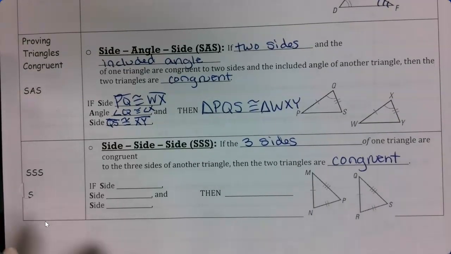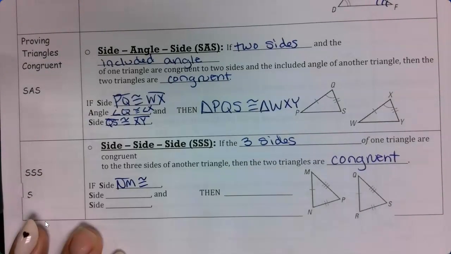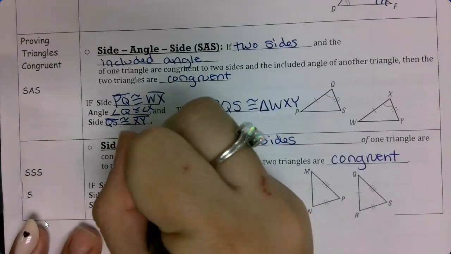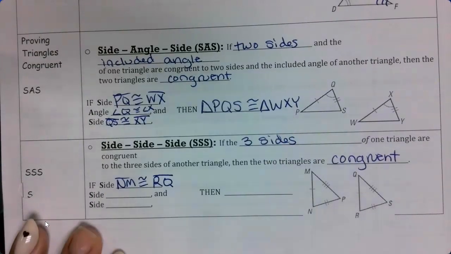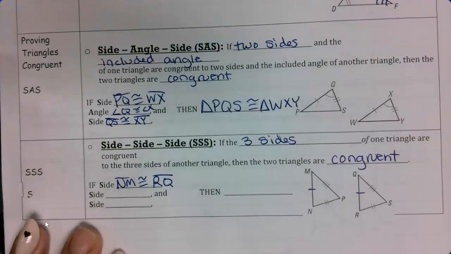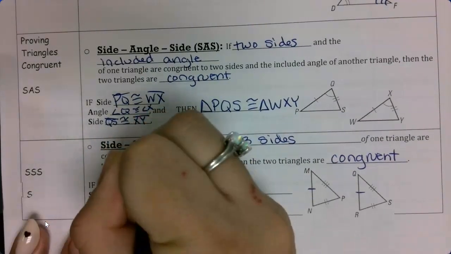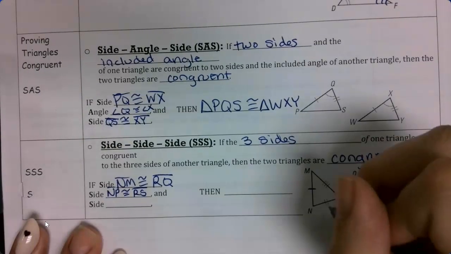So I'm going to list out my congruent sides. I have NM and then I have RQ. That matches up because those both have the one tick mark. Then I have NP is going to be congruent to RS because those both have the double tick mark.